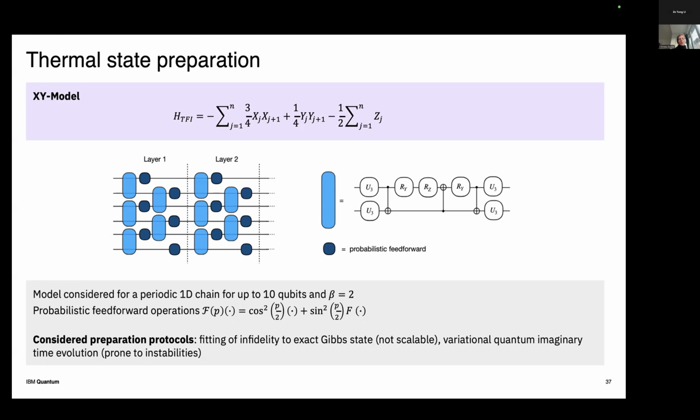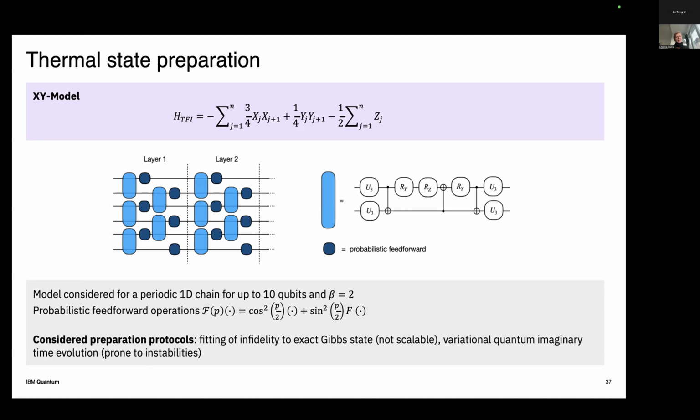For this state preparation, we considered two different cost function approaches. One of them is a fitting of the infidelity, where we assume that we have access and knowledge of the exact Gibbs state that we want to prepare, and one is based on variational quantum imaginary time evolution.